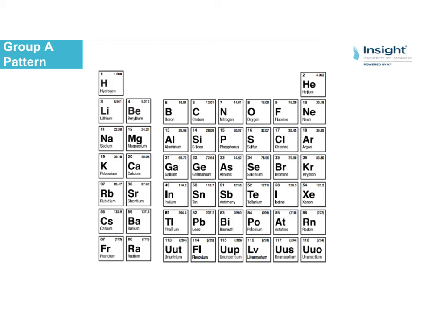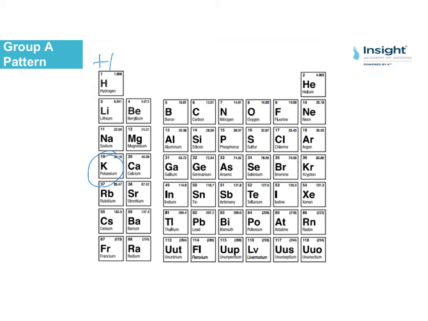If you didn't, you need to write this down, because the expectation of this class is that if I give you an element in a group A column, you know what kind of ion it forms. You're not going to be told that potassium forms a +1 ion. You're just going to need to know that potassium's in group 1A, everything in 1A forms a +1 ion.